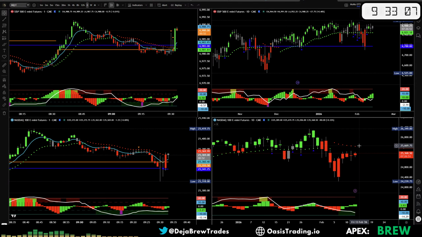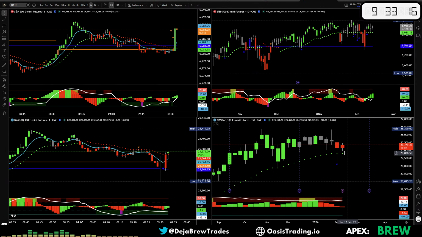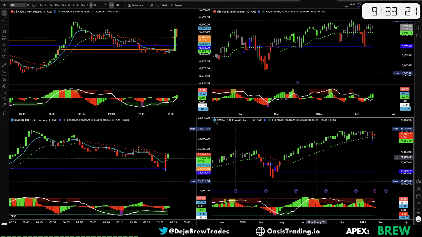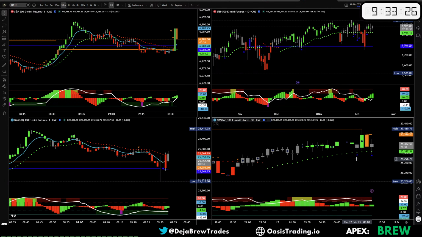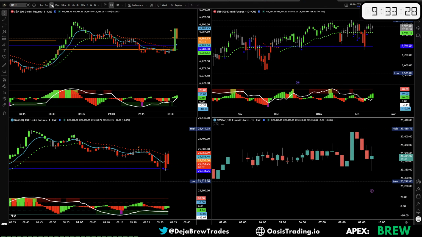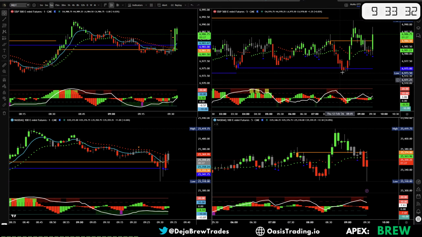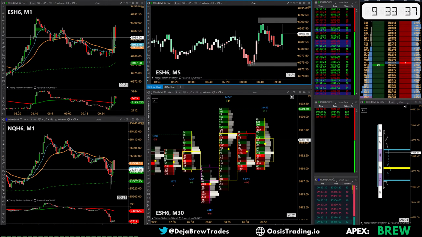This is still that potential lower high area for NASDAQ over the next couple of days, so keep an eye on that for the higher time frame. Bouncing off that weekly trail, giving you a little bit of support like we did in November. Still trying to hold on to VWAP on NQ here.